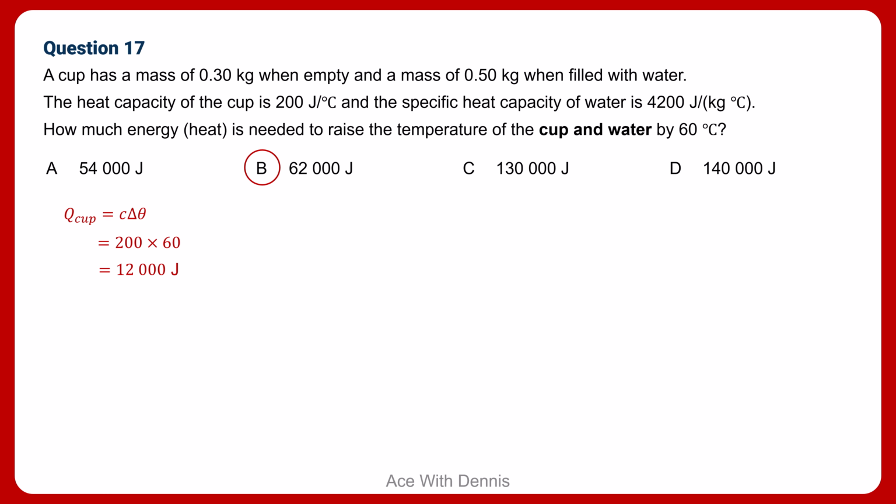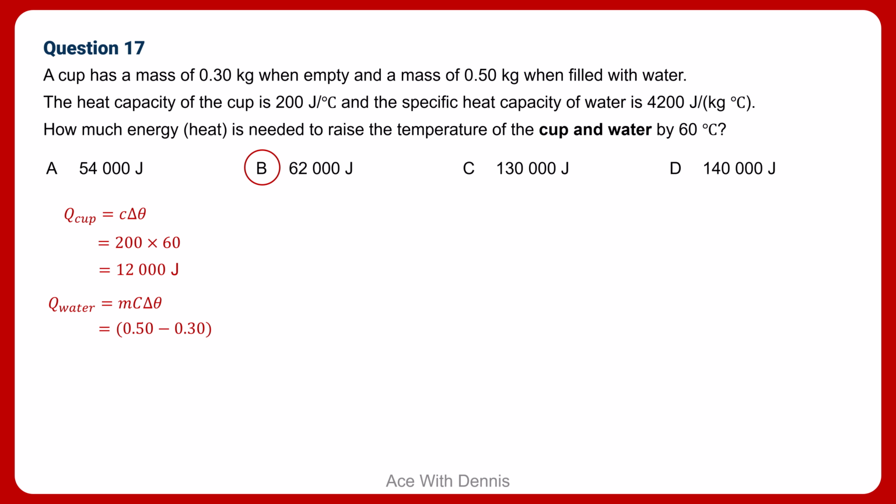Now the second formula that we need to use is the specific heat capacity formula. Q water equals m c delta theta. Q water is the heat needed to change the temperature of the water, which equals the mass of the water, m, times the specific heat capacity of the water, c, times delta theta, the change of the temperature.